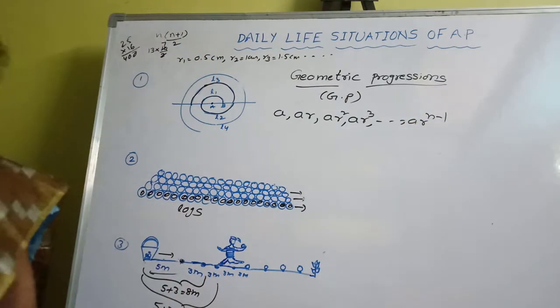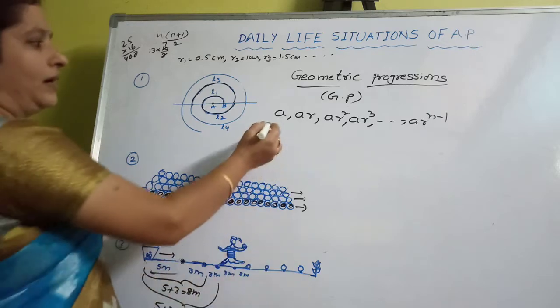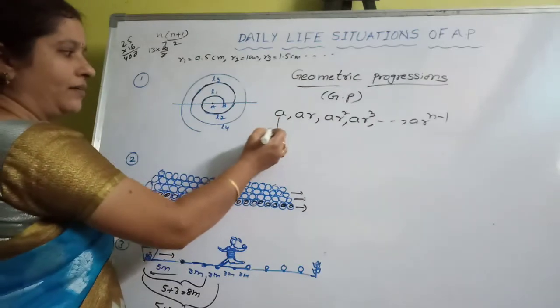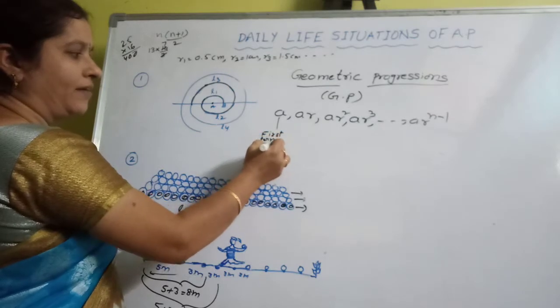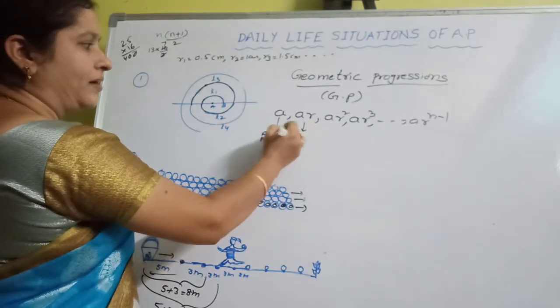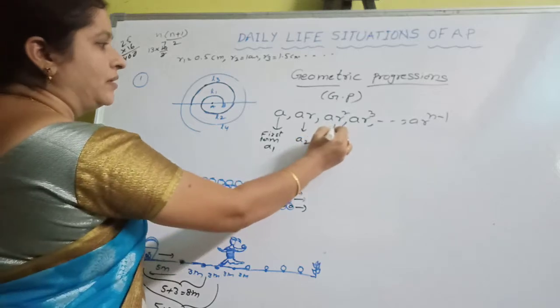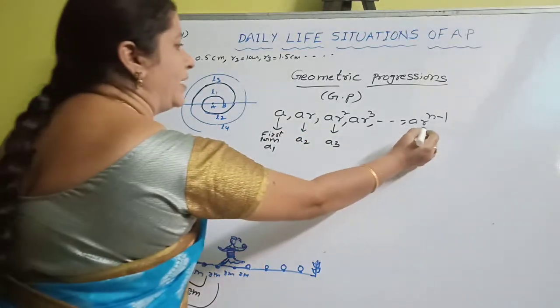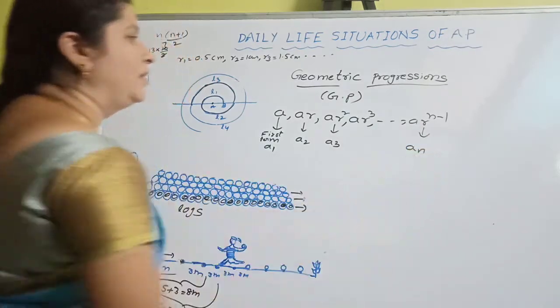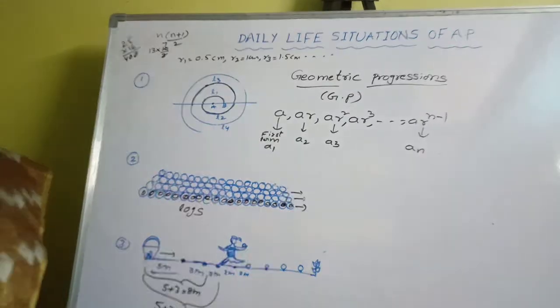So this is the general form of GP. Here this is the first term a, first term we are taking a1. This is second term a2. This is the third term a3. Okay. What is the nth term an? So an equal to ar power n minus 1.